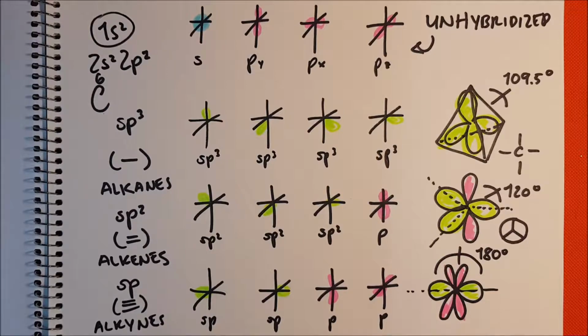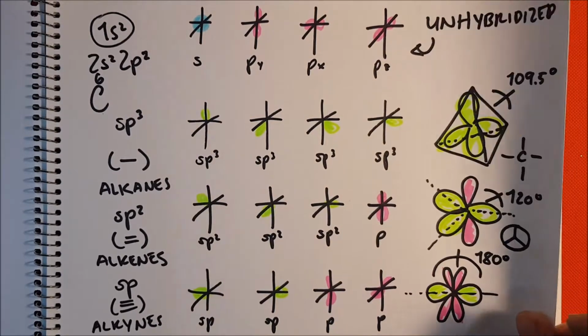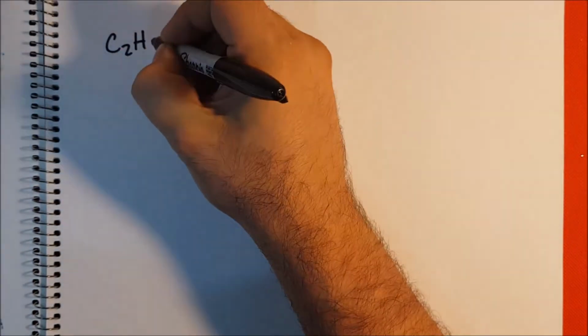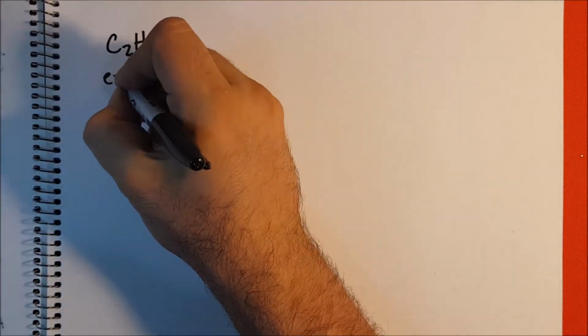So now how does this all become relevant? Because let's say that we want to look at how this is actually structured. So for example, if we take this molecular formula, C2H4, this is the formula for ethene, and ethene is an alkene.